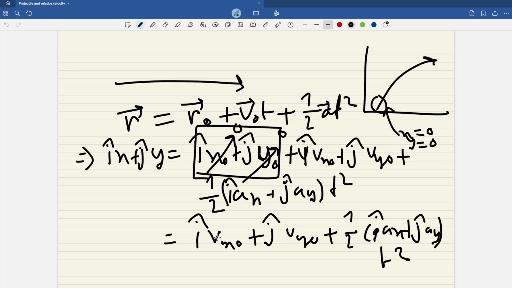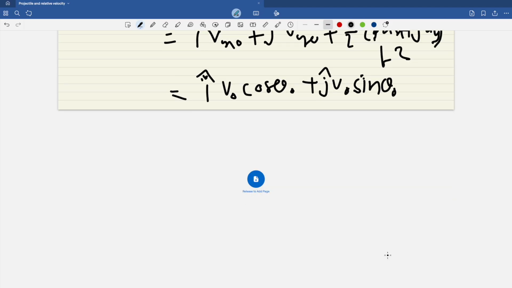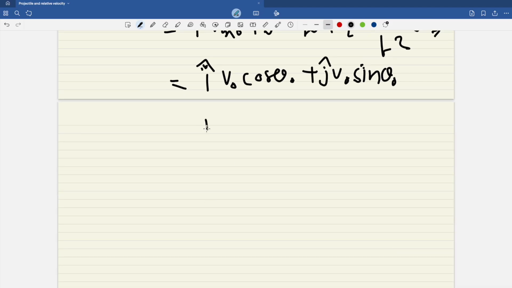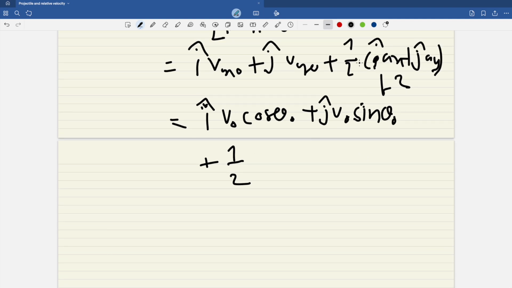Now this vx naught and this vy naught can be written as v naught cosine theta naught, and j v naught sine theta naught, plus half of i ax plus j ay.